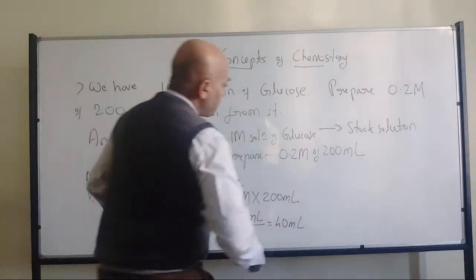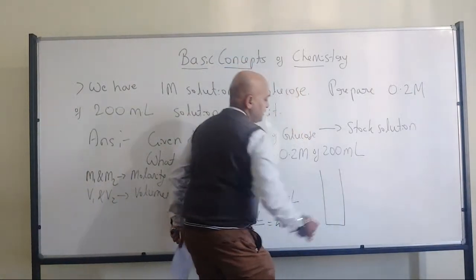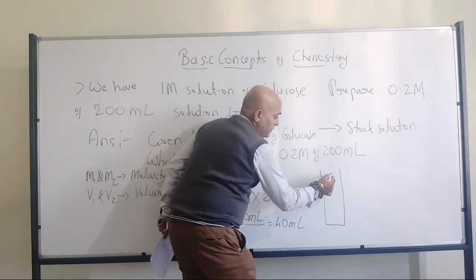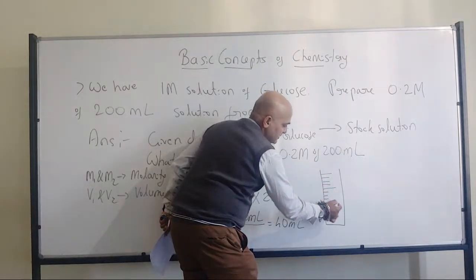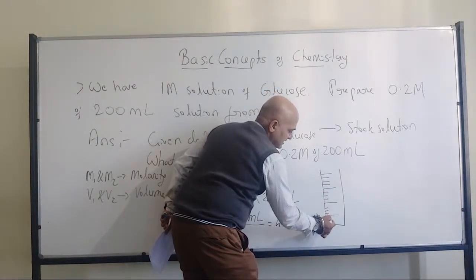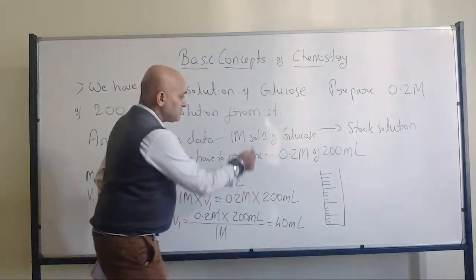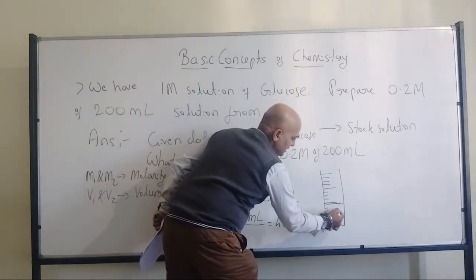See, for example, I have a measuring cylinder. All these things you are going to observe in your chemistry laboratory. This measuring cylinder will have scales on it. I will take the stock solution of 40 ml; imagine this is 40 ml, I will take the stock solution up to here.